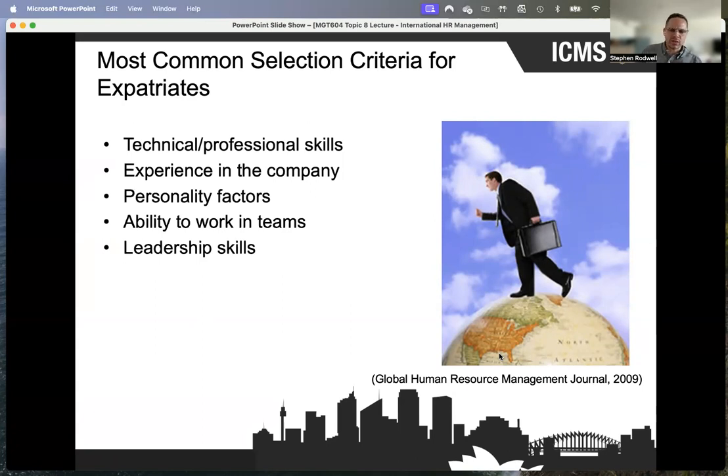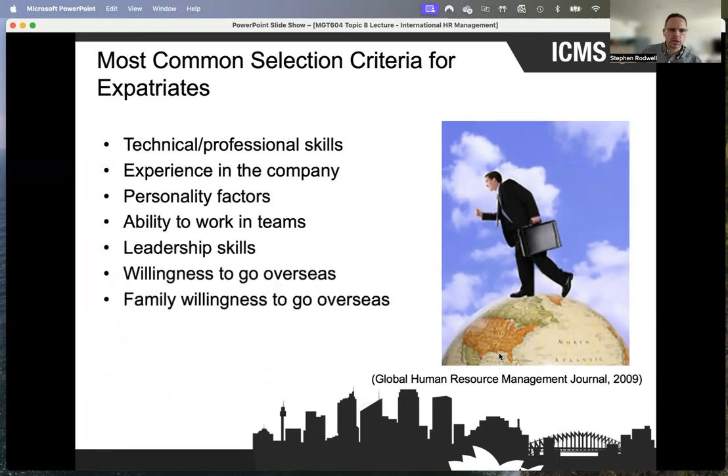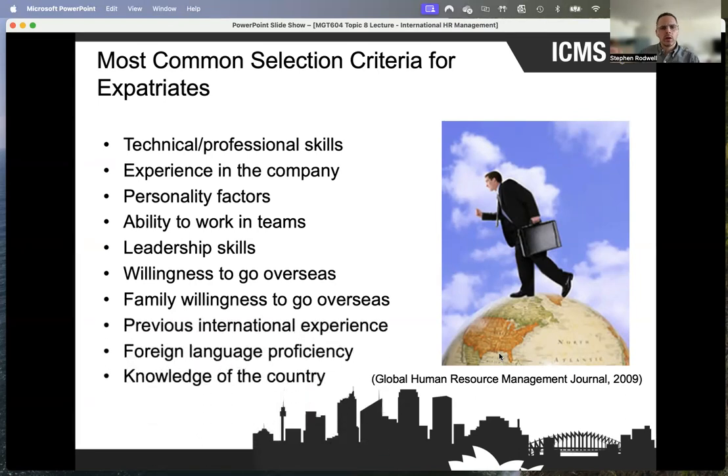Ability to work in teams, they've got to be able to work well with other people and ideally have high emotional intelligence as well as cultural intelligence, good leadership skills, willingness to go overseas, obviously, and also the family's willingness to go overseas. If the family's very resistant, then that can scupper the whole idea initially, because the partner doesn't want to force their family into doing something they don't want to do.